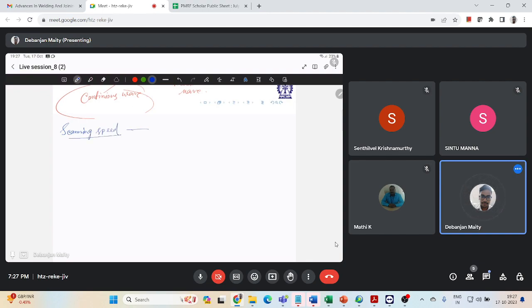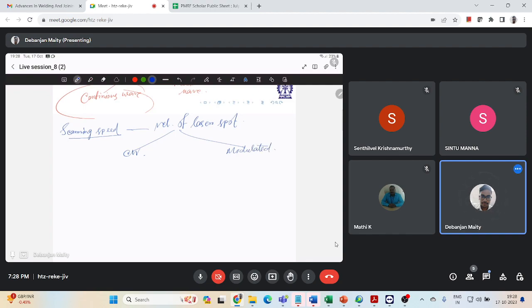So, what is my scanning speed? It is the velocity of the laser spot, right? Now I have two different kinds of laser source. One is continuous, another is modulated.